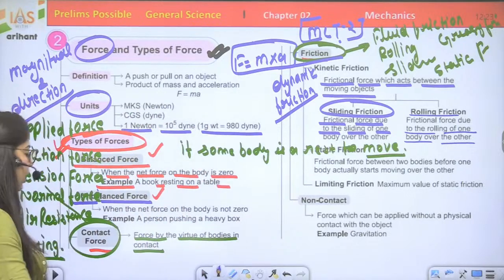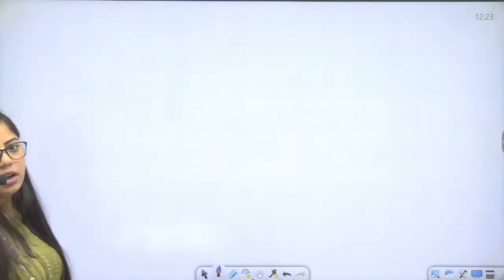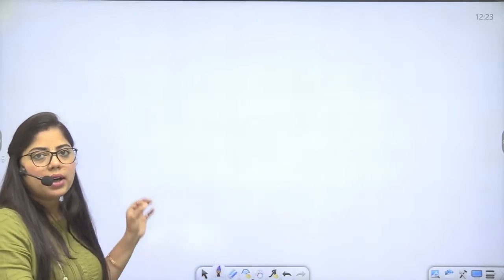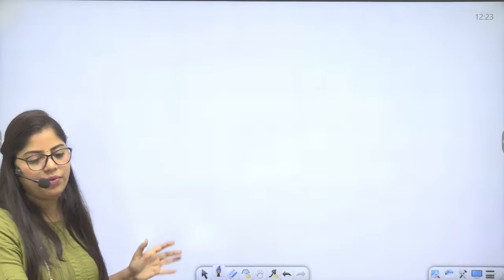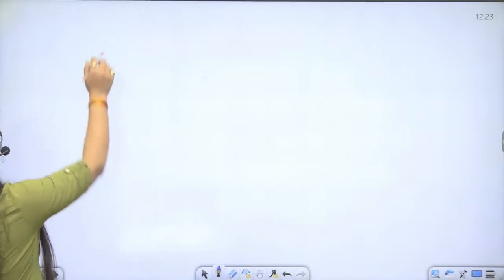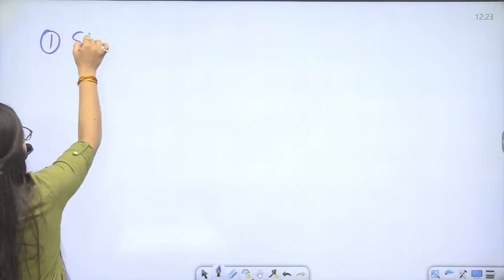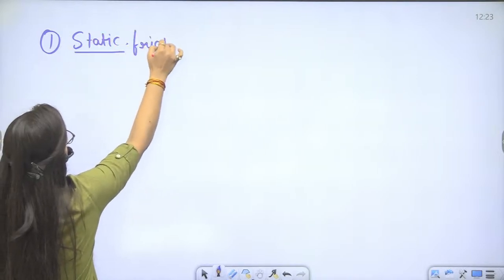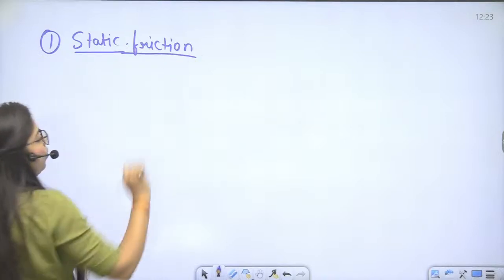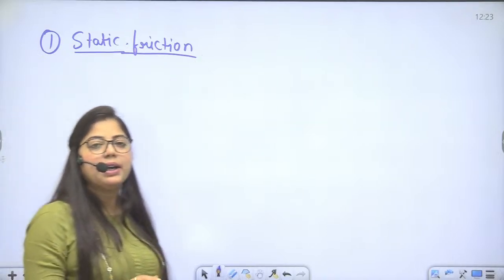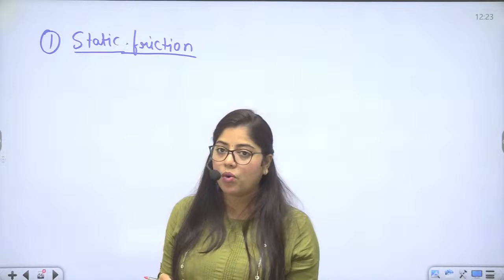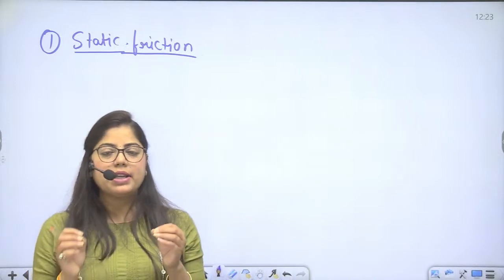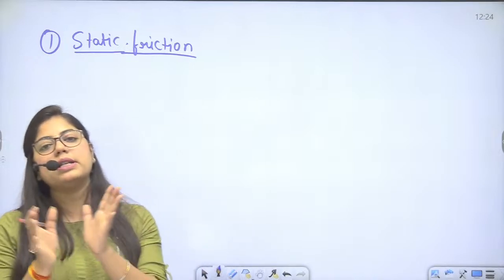Right? Now come here and understand. We take a clear page and understand the types of friction forces. First, we understand static friction. What is static friction? The magnitude of the static friction is equal and in the opposite direction when a small amount of force is applied.